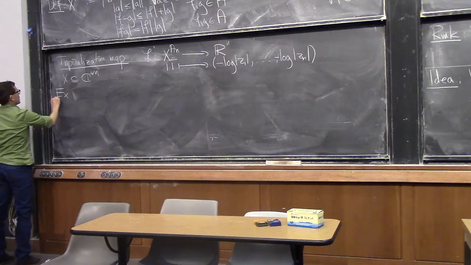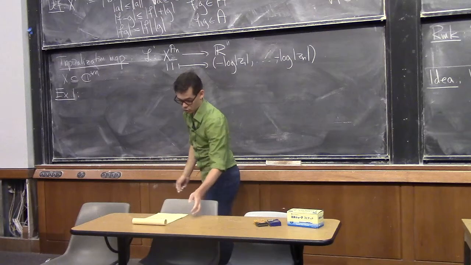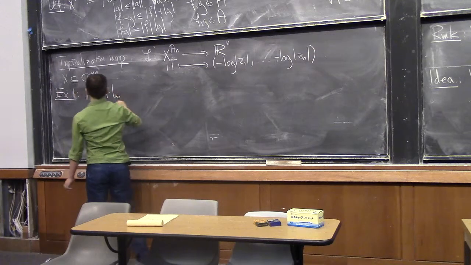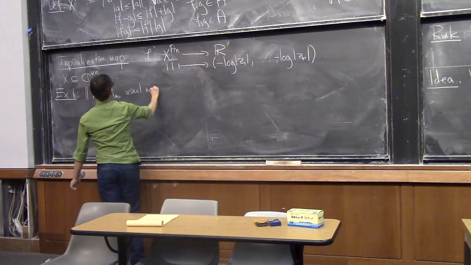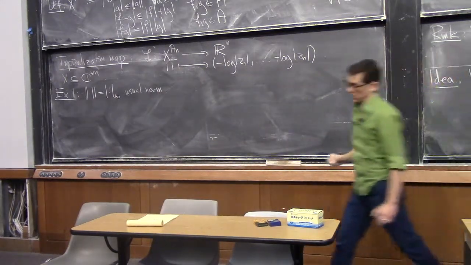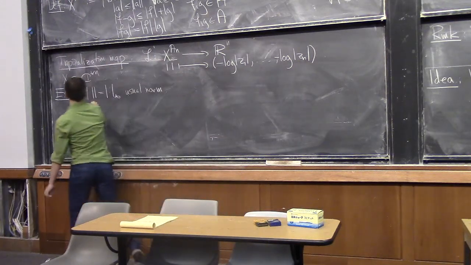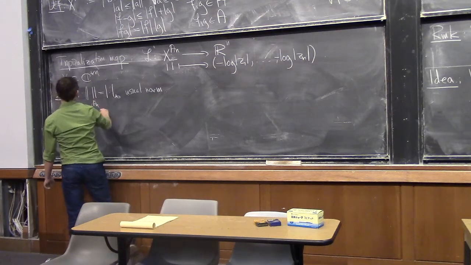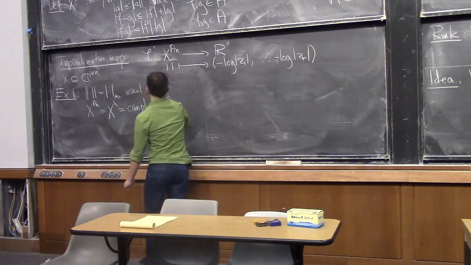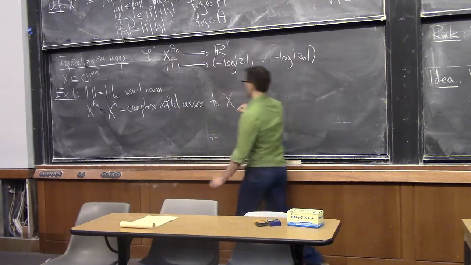So what can I get by doing this? Let me do the first example. The first example is if I just do the usual norm. In this case, it turns out that I get exactly the usual complex manifold associated to X, the usual identification.